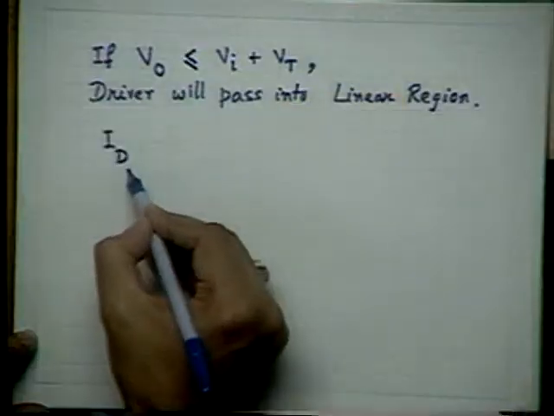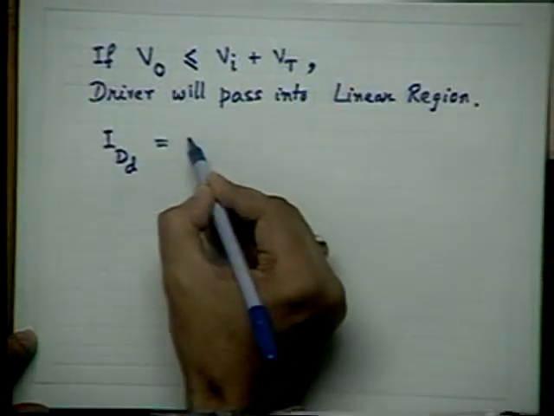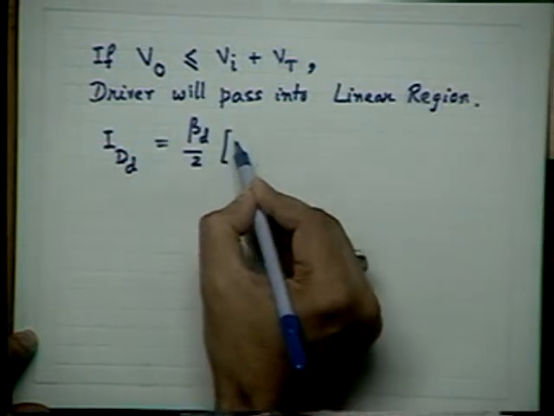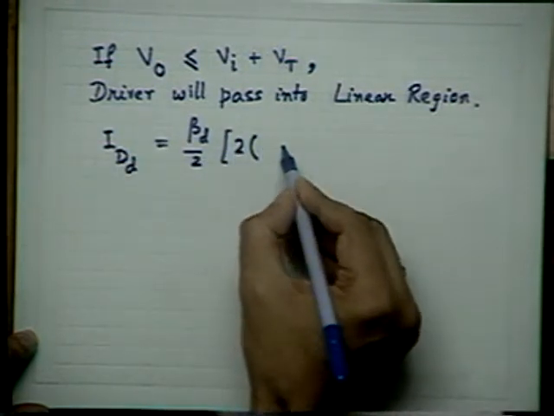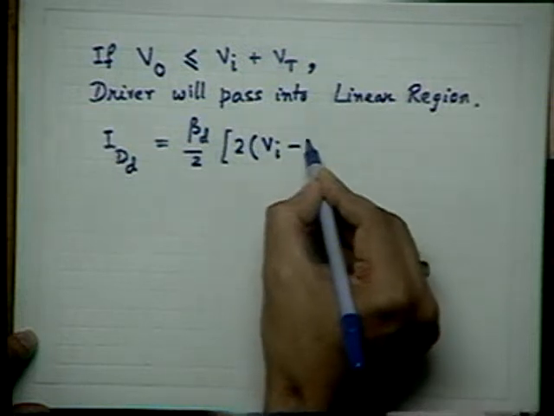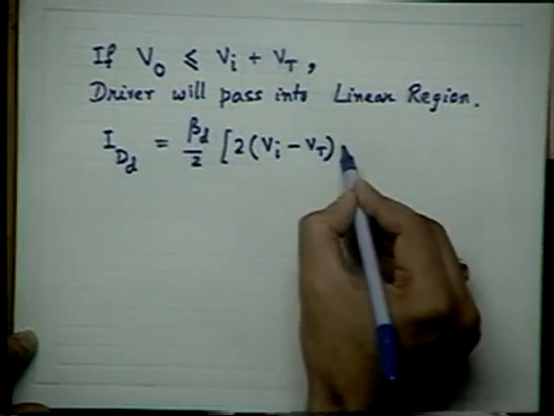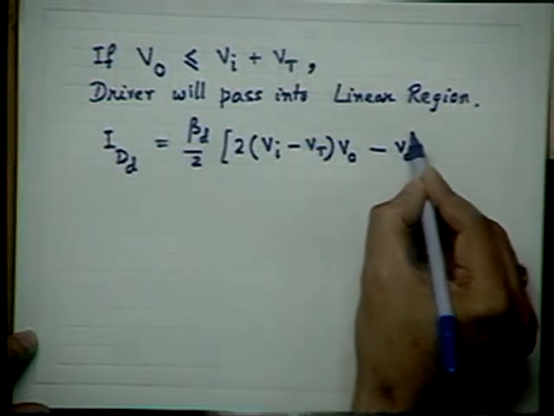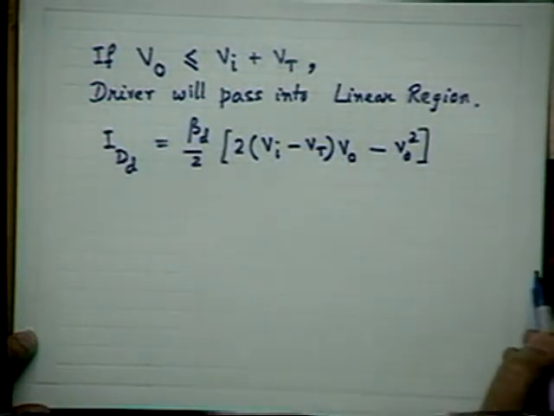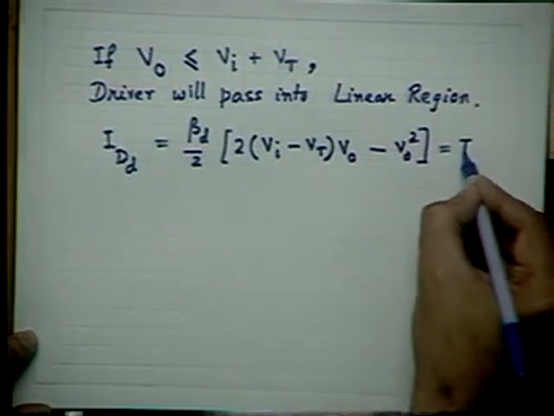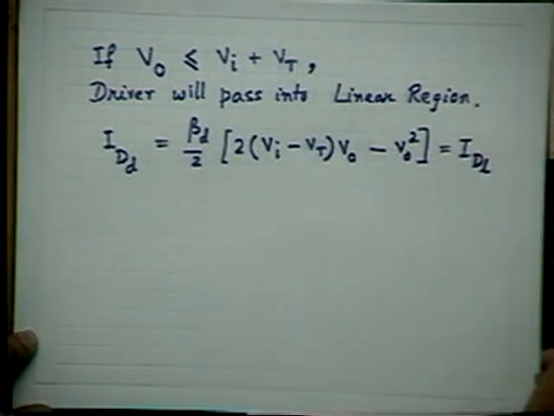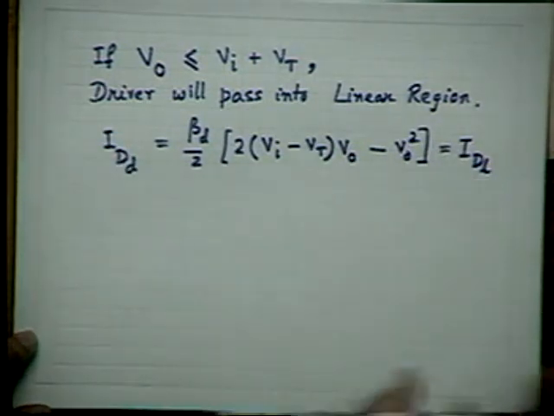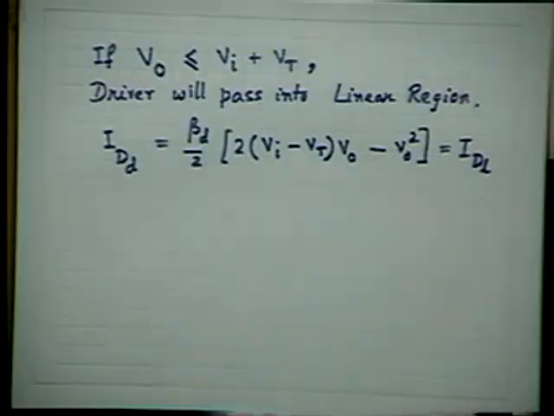IDD will be equal to beta D by 2 into VGS minus VT, that means VI minus VT, into VDS, that means VO, minus VDS squared, that means VO squared, and that is equal to the load current. The load equation is already given. So equate them and get a relationship between the input and output.